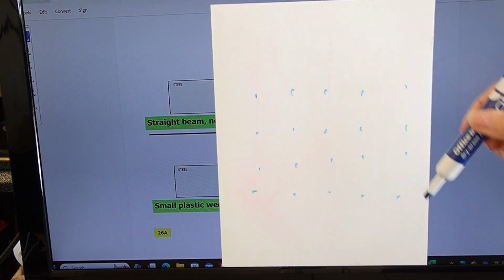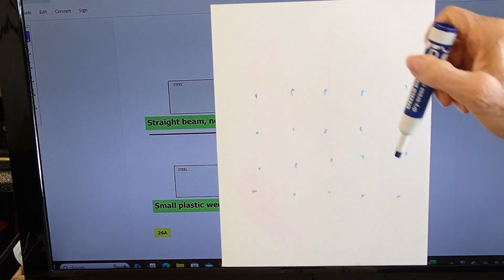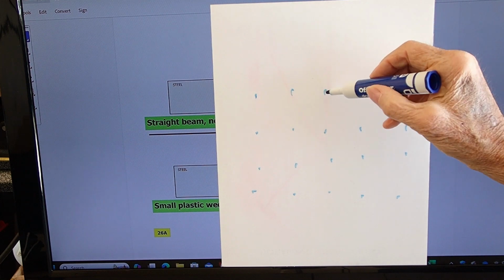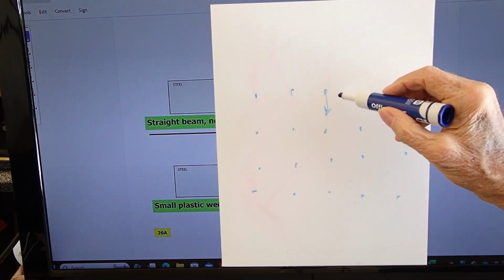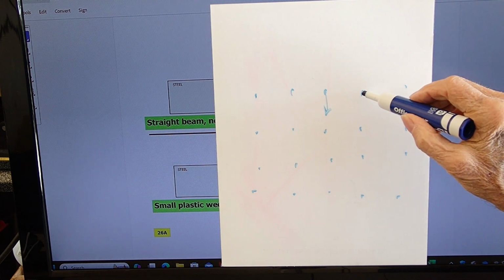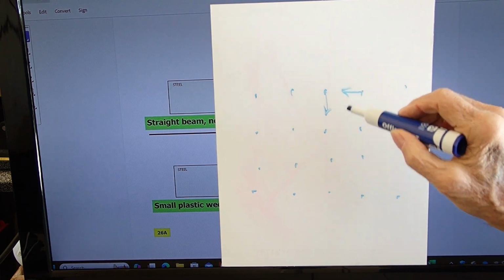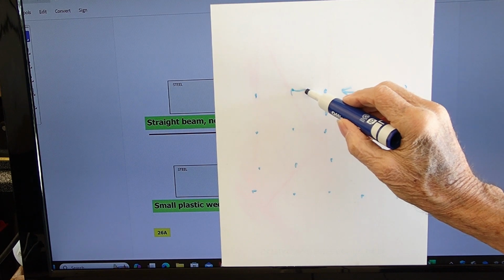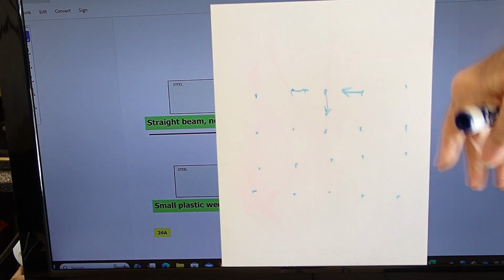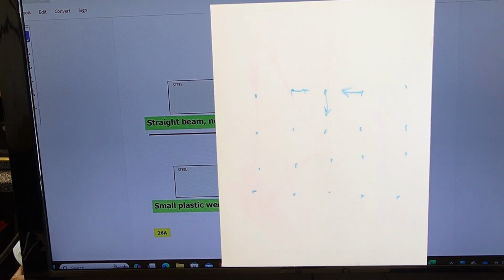When the longitudinal wave hits these molecules and bounces them out of position in this direction, they're connected to the molecules next to them, and that causes these to move sideways a little bit to take up the space that was vacated by this molecule. And that's what gets the shear wave going, the fact that they're all connected in a lattice.